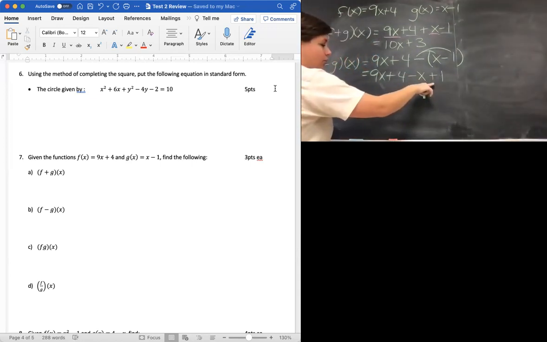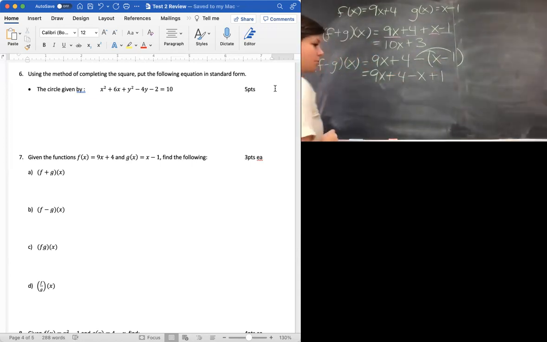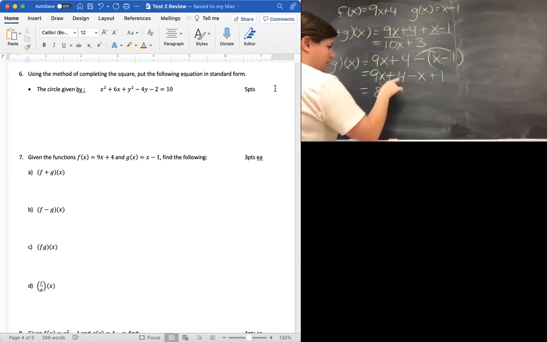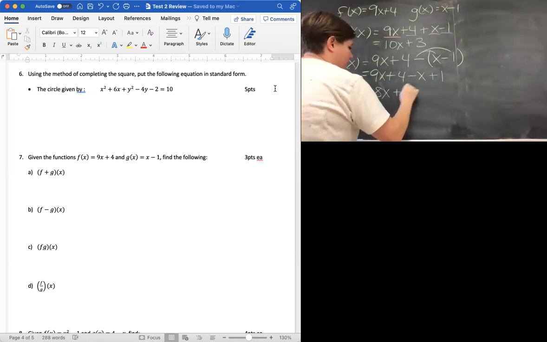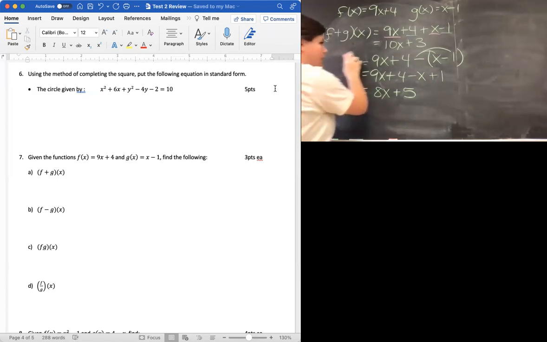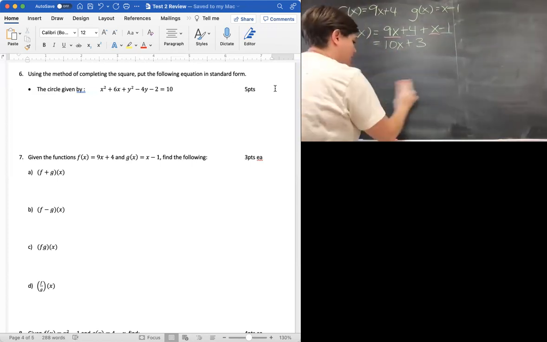That plus 1 would have been a negative 1 if you didn't include the parentheses, and it would mess up your ending. 9x minus x is 8x. 4 plus 1 is 5. So we added our functions, we subtracted our functions. Now we're going to move on to multiplying and dividing our functions.